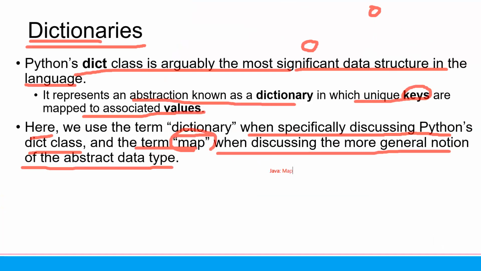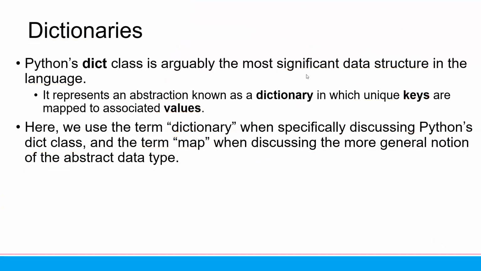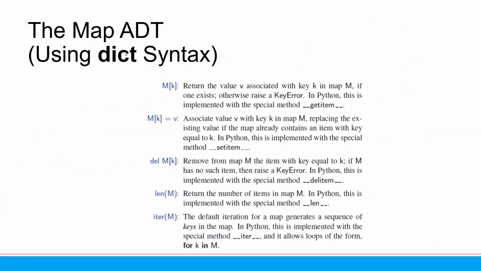So let's just use map for the general terminology. Yeah, map or dictionary, they are the same. And in this case, there is some syntax that you need to understand.